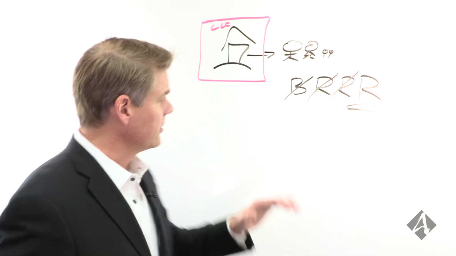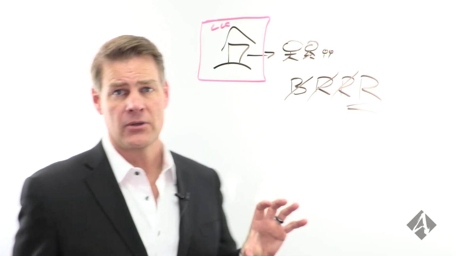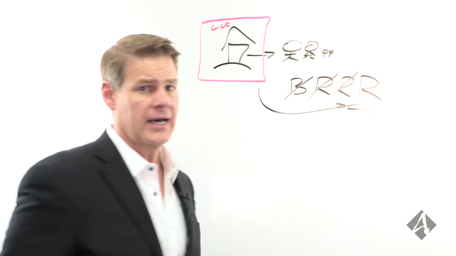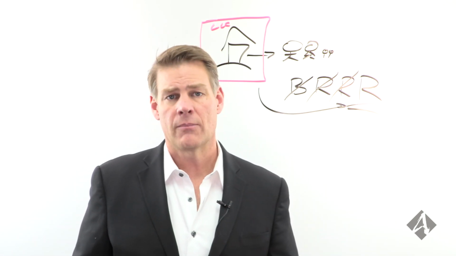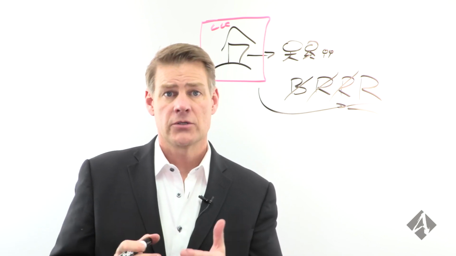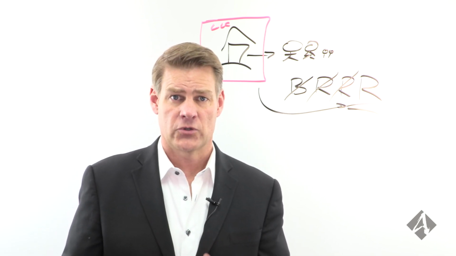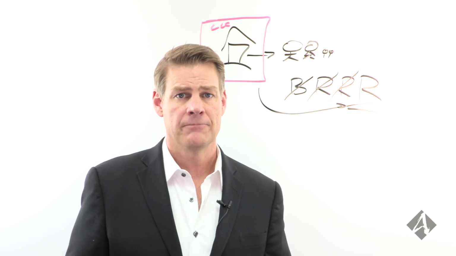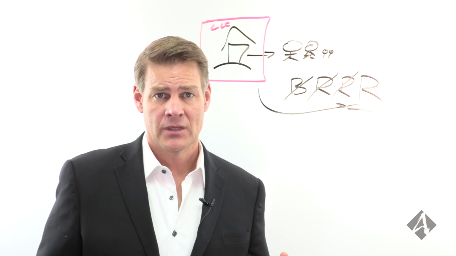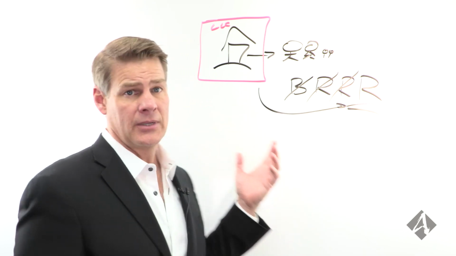And so what happens here is if you jump in and throw a limited liability company around this property before you've done the refi, you're going to run into some problems here on this type of transaction because most lenders or brokers that you're going to work with, if you're trying to refi your property, if this is single family, they're going to want it in your own name. So you've got a problem because it's in a limited liability company.